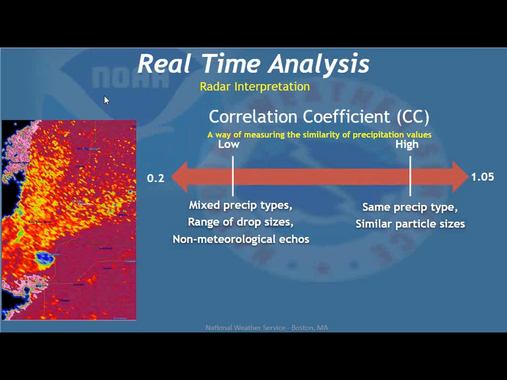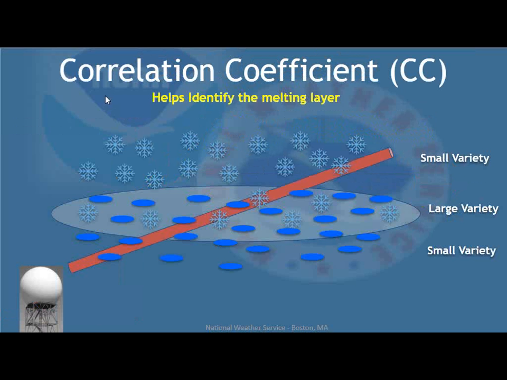I think in the next slide we will talk about the bright banding, but basically you have the radar dome. In this case, it's located right next to our office in Taunton, and it shines a beam through the atmosphere and dissects what is falling through the atmosphere.